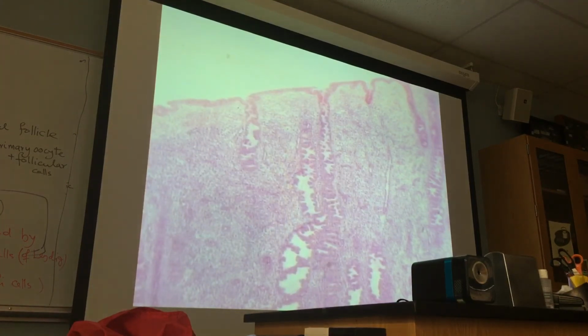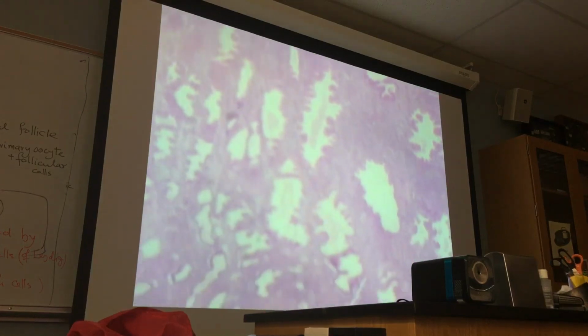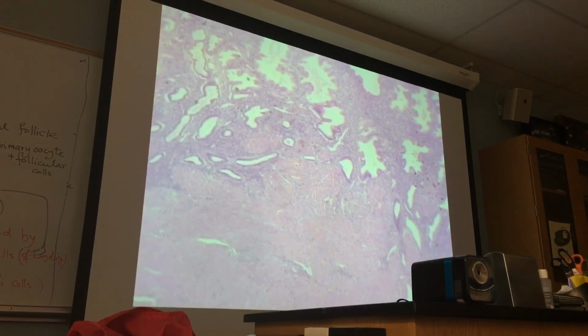Okay? So what you need to know from here, the functional layer, the basal layer, and the myometrium. So basically you need to identify endometrium and myometrium. If I ask you identify the structure, you can write endometrium. But if I ask you identify the structure, be specific, then you have to write functional layer of endometrium or stratum functionalis.